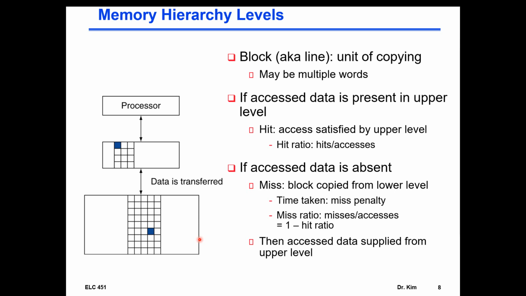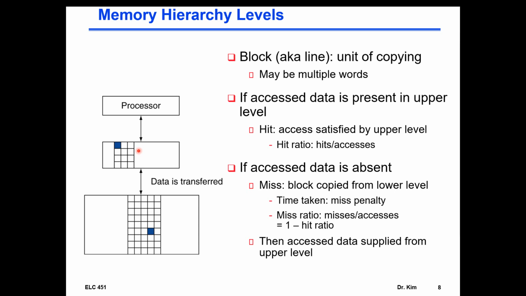There is a many-to-one correspondence from blocks in the larger main memory to the cache. So we're going to see that multiple blocks here are going to map to the same storage here, because this one is smaller.